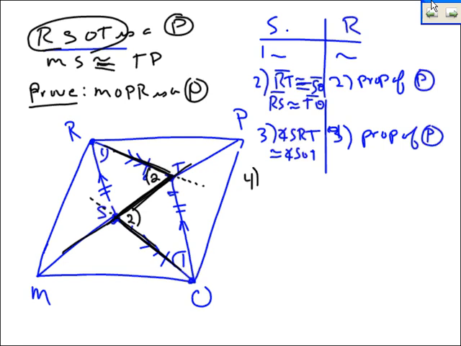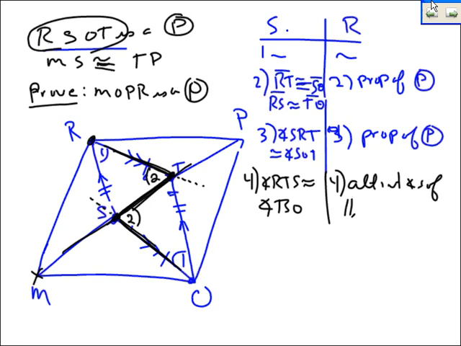Okay, statement number 4. Angle 2 is RTS or RTM. Angle RTS is congruent to angle TSO. Alternate interior angles of parallel lines are congruent.